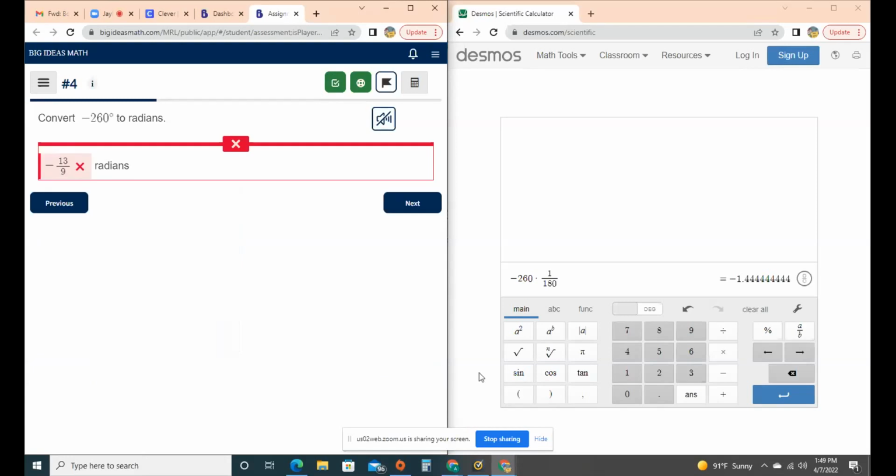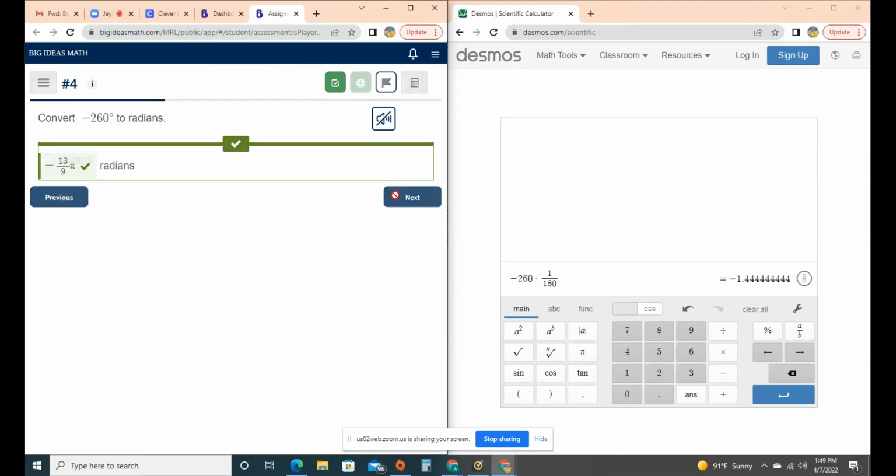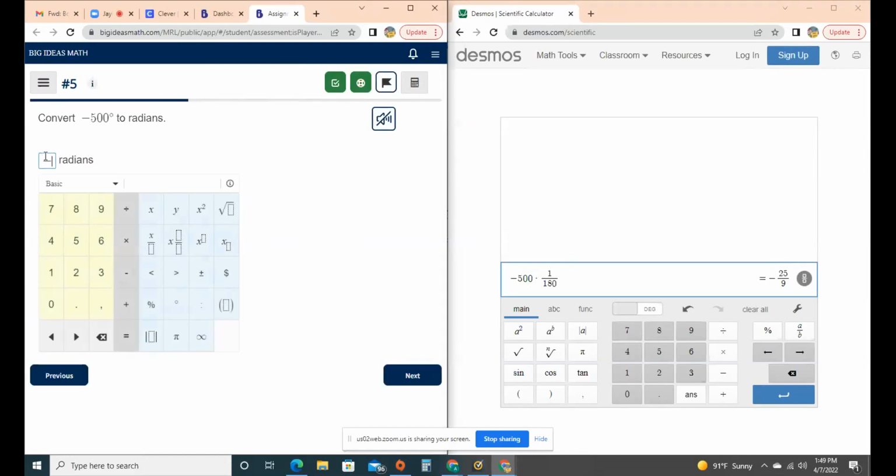Oh, you did. Okay, I'm sorry. And then you've got to put the pi in. So there are extra steps because we're just trying to use the tool to help speed it up. Right. So this is minus 25 over 9 times pi.